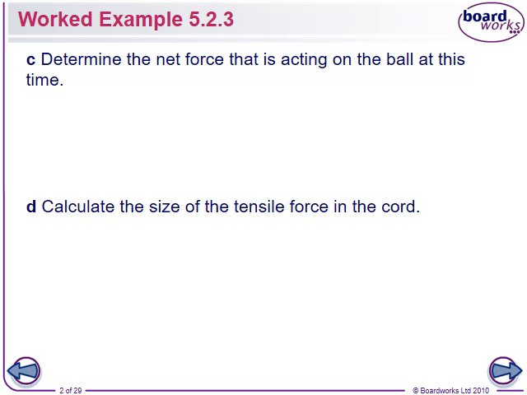So what we would have to do in a case like this is draw a vector diagram. We know our net force is acting inwards. We know mg is acting downwards.